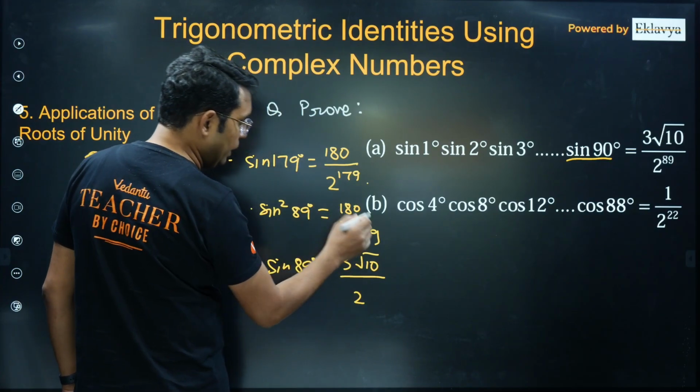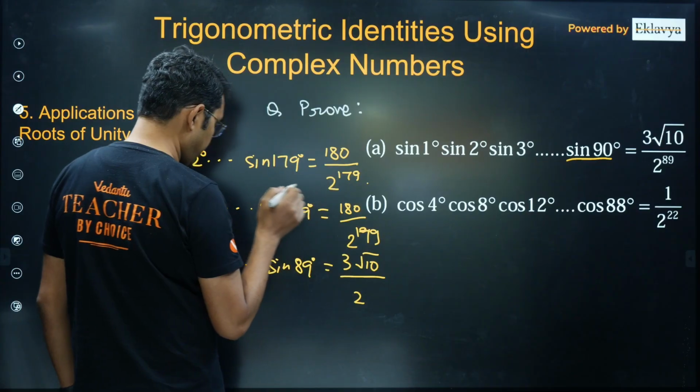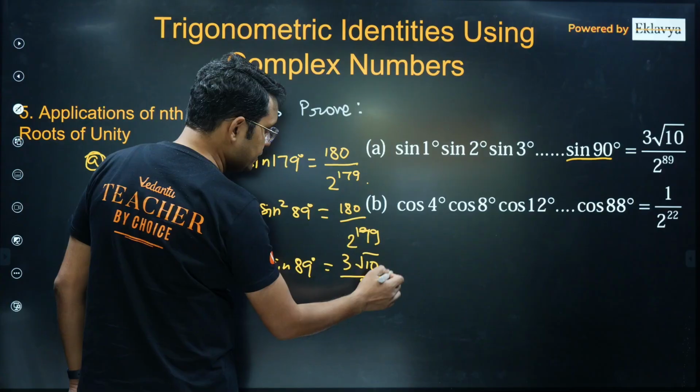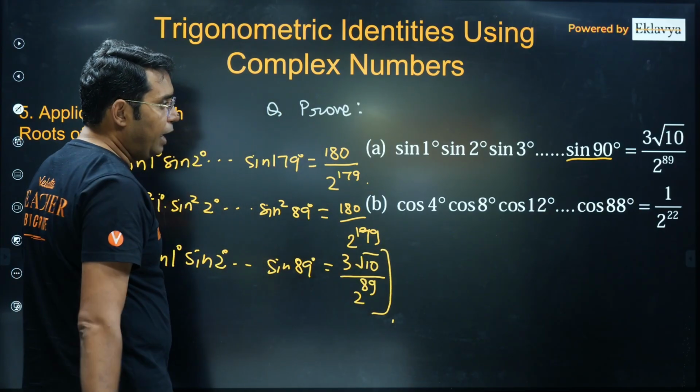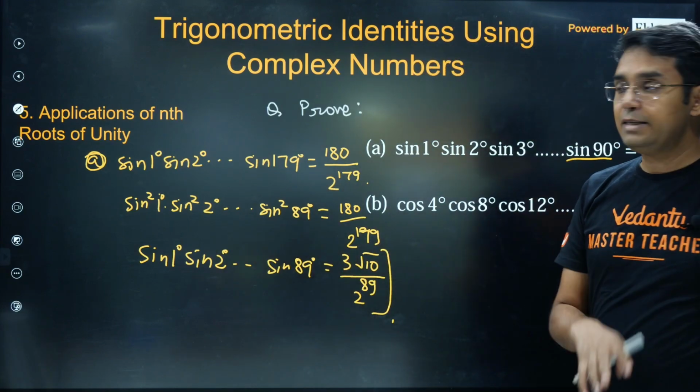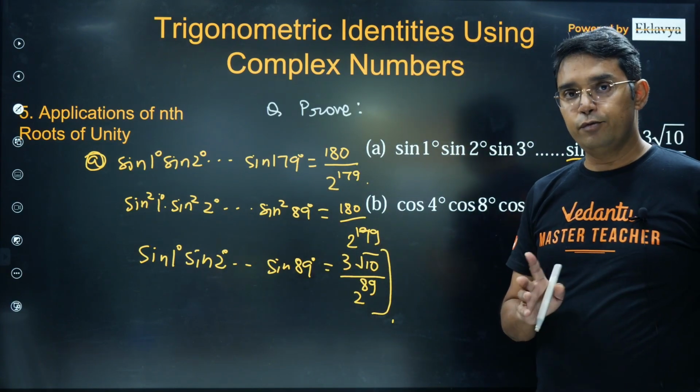So this will be 2 power 178, and you take the square root, so the power will be 2 power 89, and this is done. I will not say that you must remember this formula, but I will definitely say you should know how it is coming.